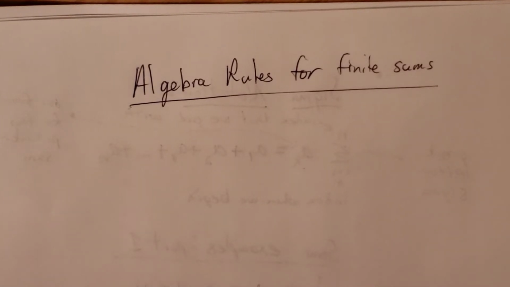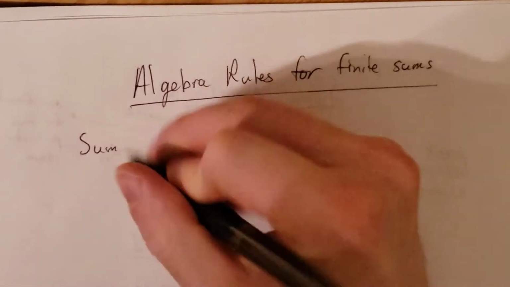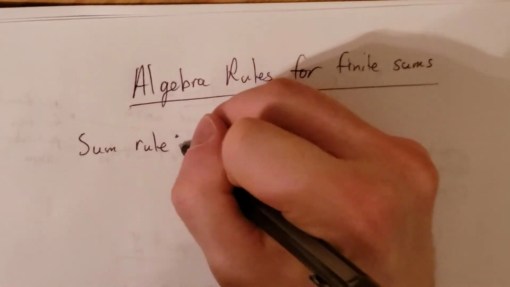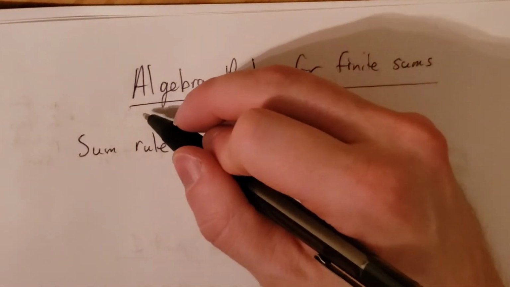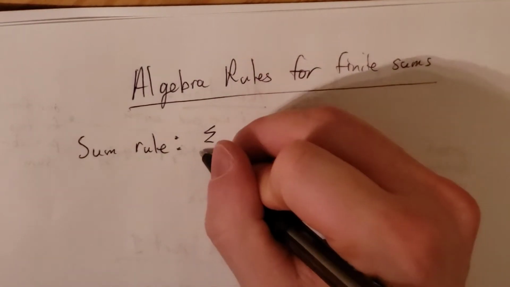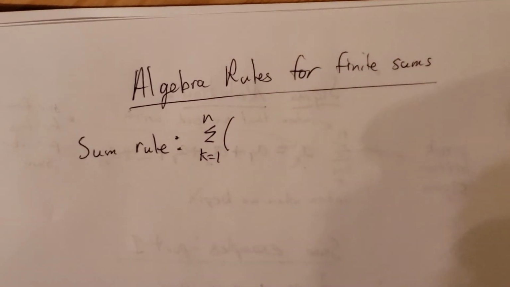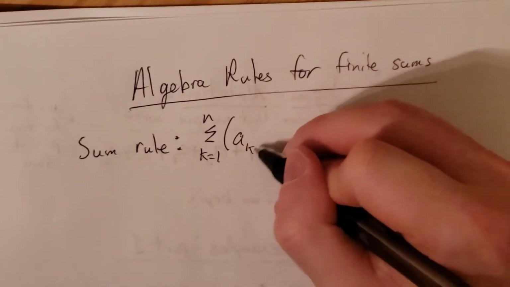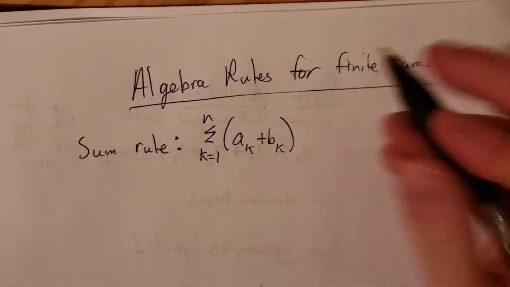In this video, we want to discuss some of the algebra rules for finite sums. So we have the sum rule, and what is that? Well, we assume we have the sum from k equals 1 to n of a sub k plus b sub k, where a sub k and b sub k are just some formulas.